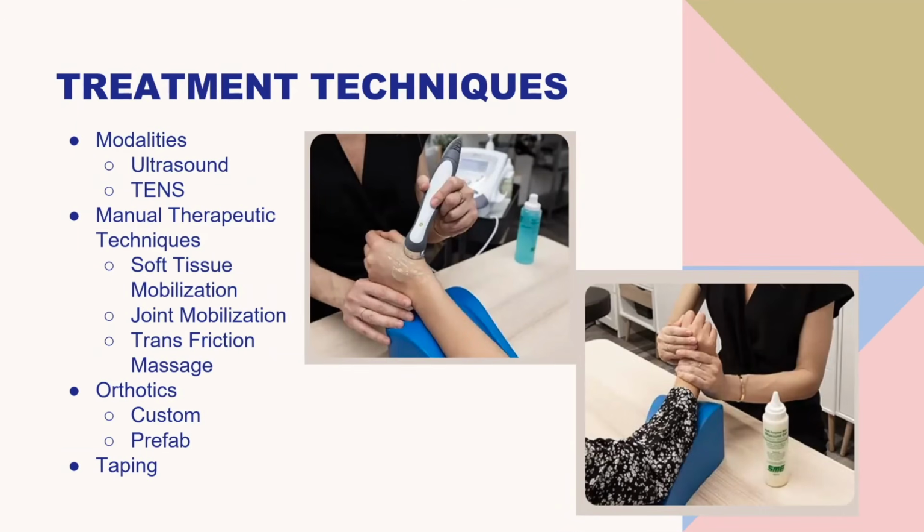We also apply manual therapeutic techniques, including soft tissue mobilization, joint mobilization, transfriction massage. This is often done, again, to decrease some of the pain, stimulate some blood flow into the area to help with the healing process, and manage pain. Another specialty that we do, and I'm going to go into in further detail in the next slide, are orthotics, which could be either custom or prefabricated, as well as taping techniques.